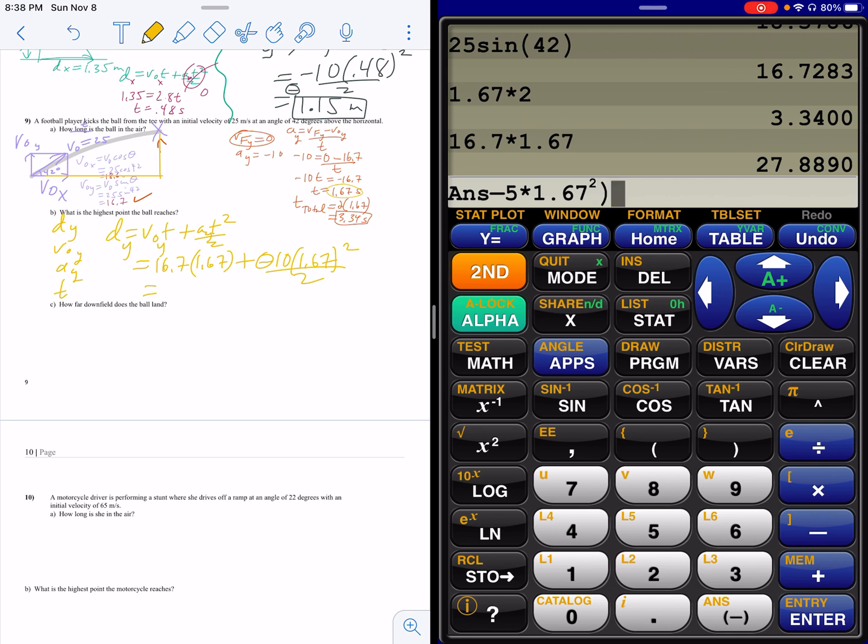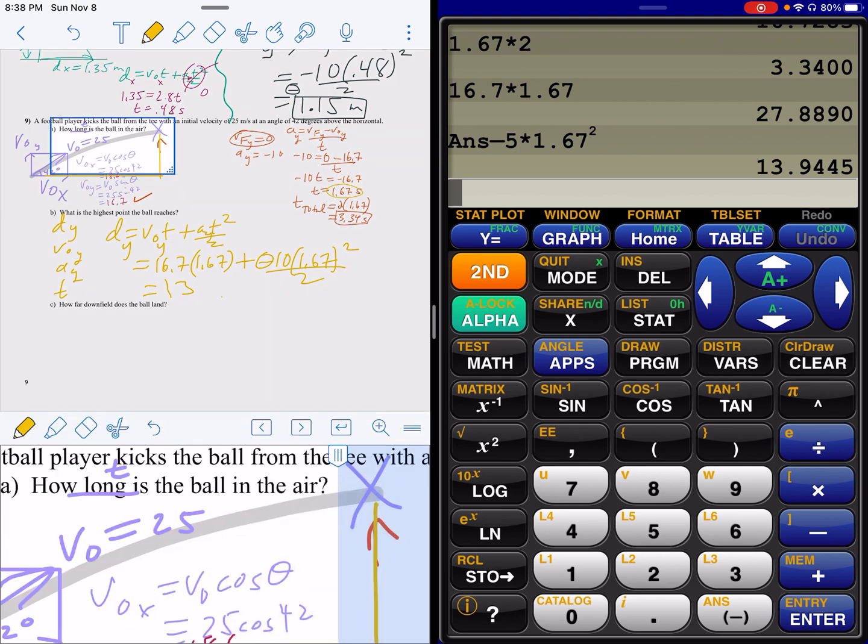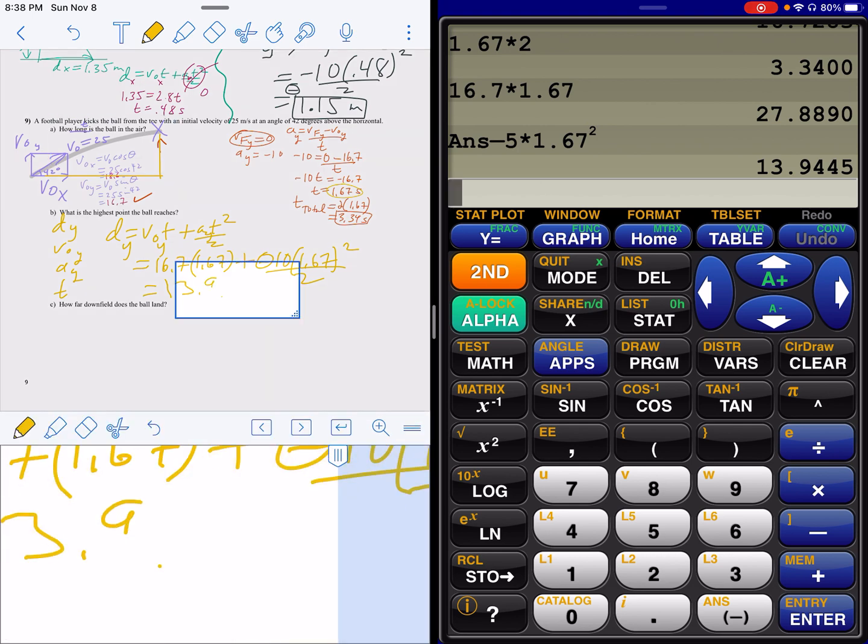I wonder if I have to put that in front of these. I don't know. I don't think so. We'll see. It's 13.94. So that seems reasonable. 13.4 meters.